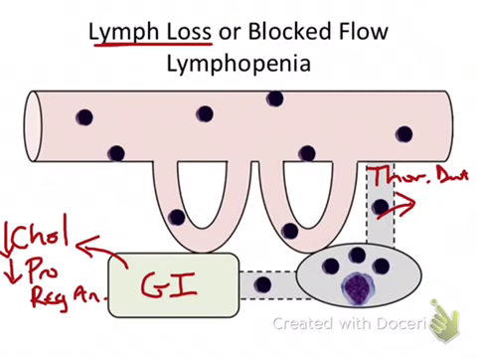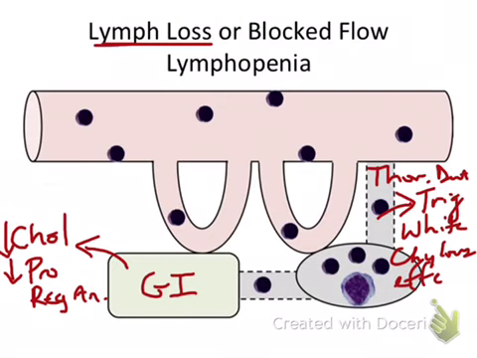So you'll have loss of lymphocytes, and because lymph has a high triglyceride concentration, the fluid within the cavity will look very white, and this is known as a chylous effusion. The chylous effusion, however, doesn't actually cause a lymphopenia unless there's repeated drainage of that chylous effusion.